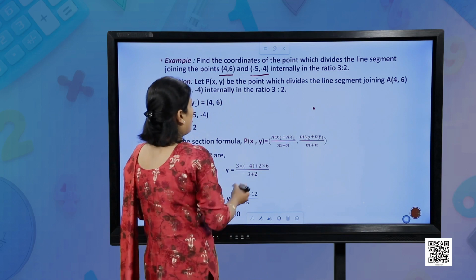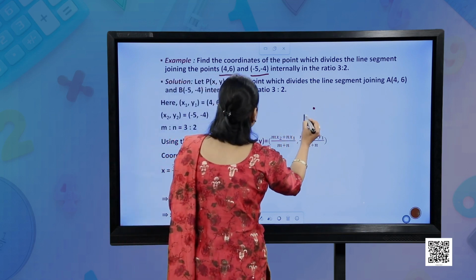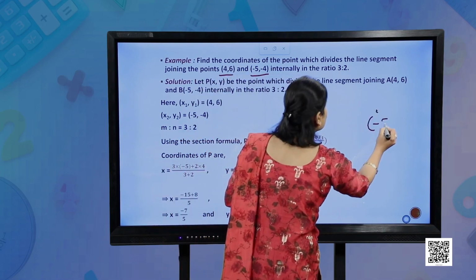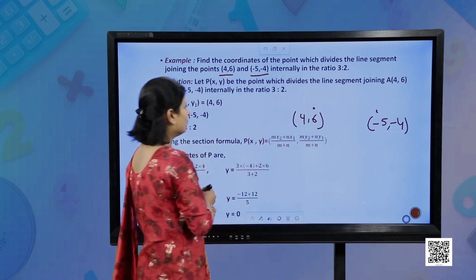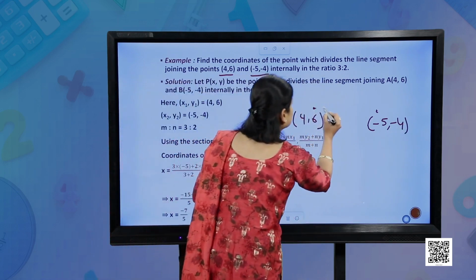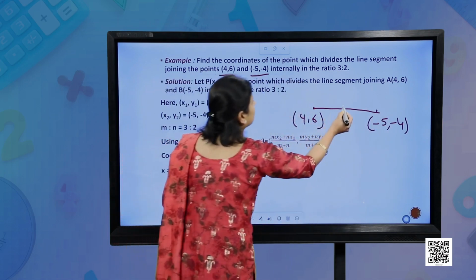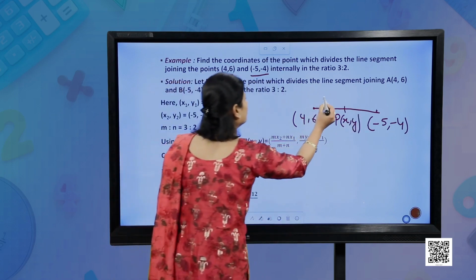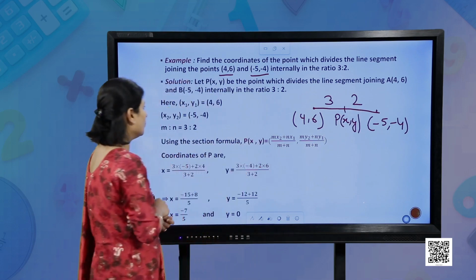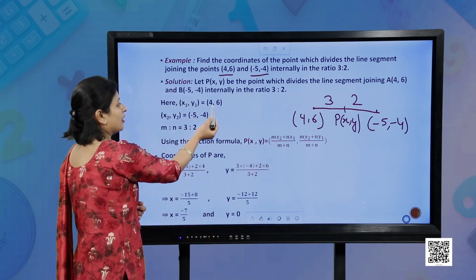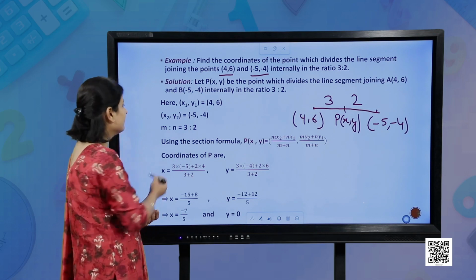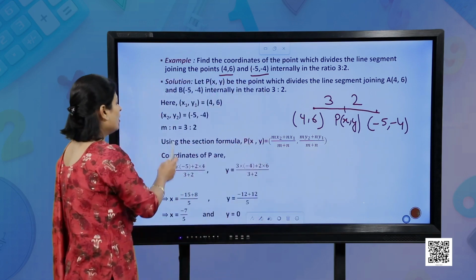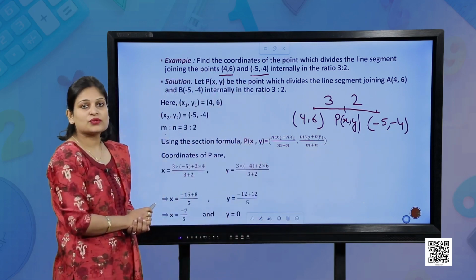I have a point (4, 6) and another point (-5, -4), and this is divided at some point (x, y) in the ratio 3 is to 2. So, here (x1, y1) will be (4, 6) and (x2, y2) will be (-5, -4). And the ratio is given as 3 is to 2.